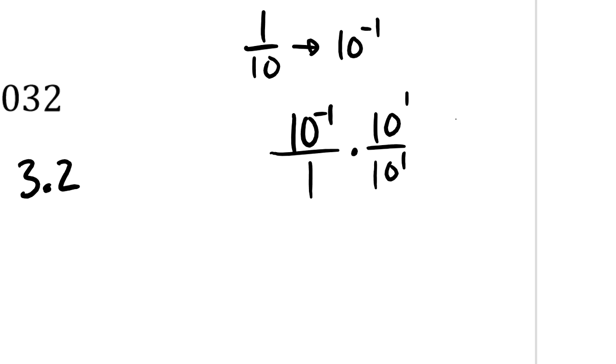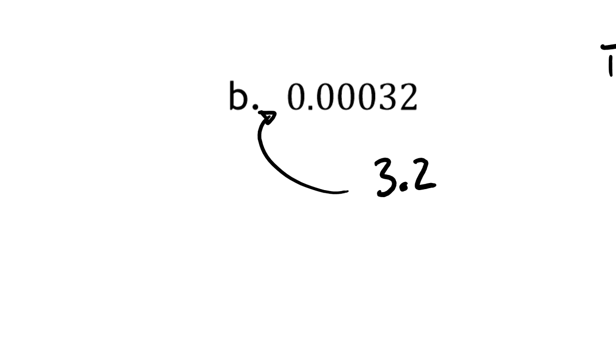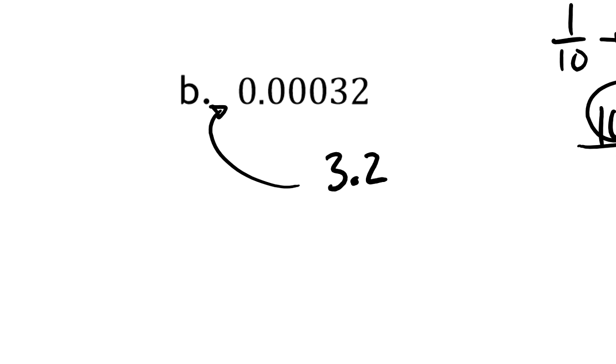The numerator becomes 10 to the 0 power, which is equal to just plain old 1. And the denominator becomes 10 to the first. So you can see that 10 to the negative 1 is equivalent to 1 over 10, which is dividing by 10. So we're going to divide the 3.2 by tens in order to put the decimal back where it belongs.